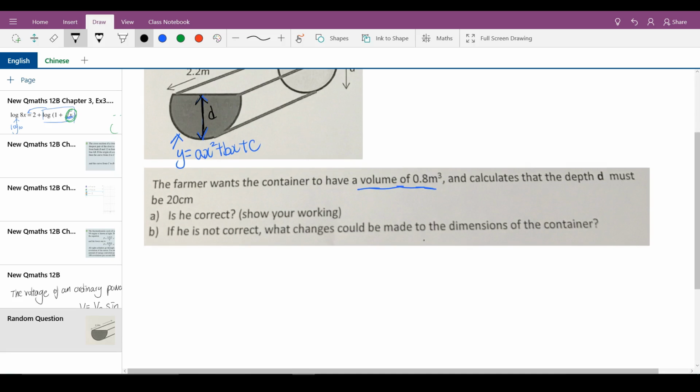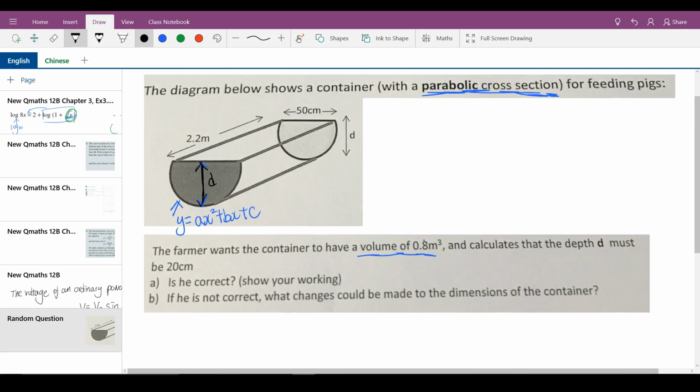All right. So first, we have to find out how to get the volume of this container. What's the formula to get the volume of something?